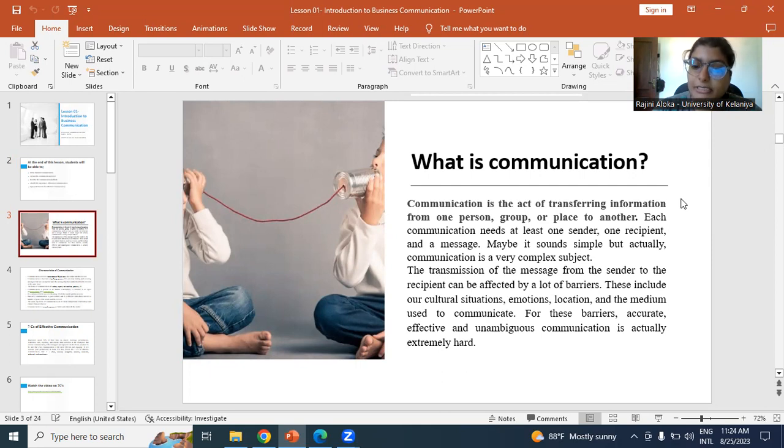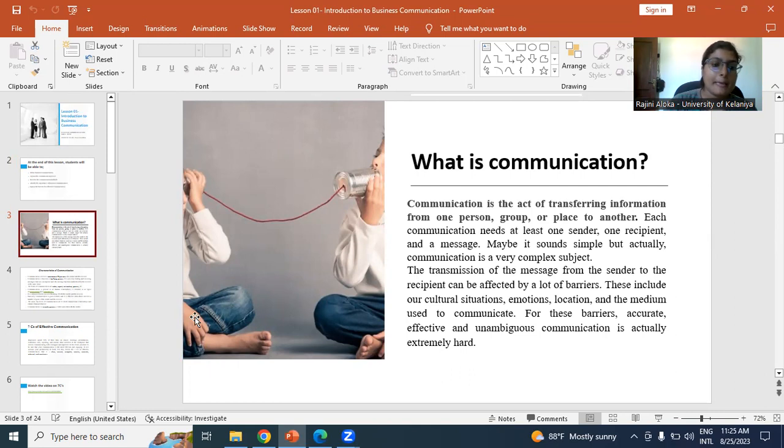Because of these barriers, accurate, effective, and unambiguous communication is extremely hard. It will not be as simple as it seems.